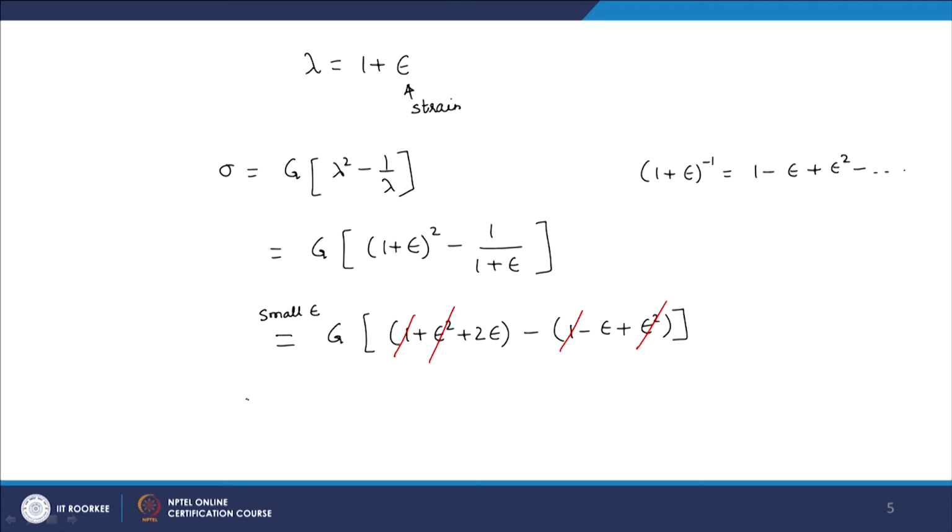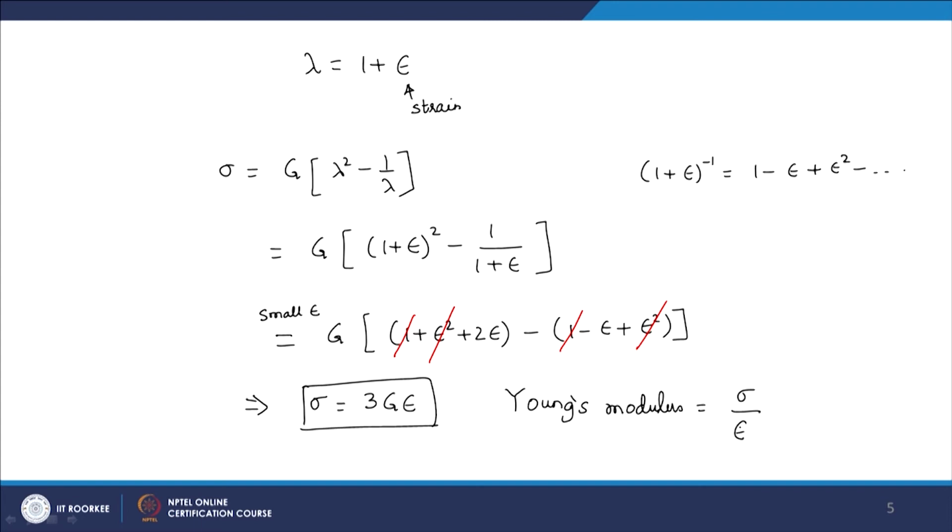And what we do get is... now, since Young's modulus is defined as the ratio of the stress to the strain, the Young's modulus is equal to 3 times G for the case of a polymer network.